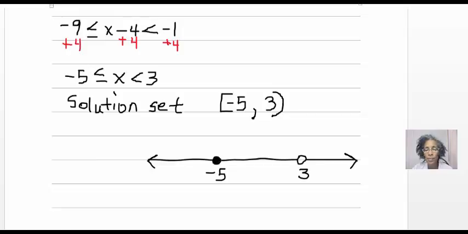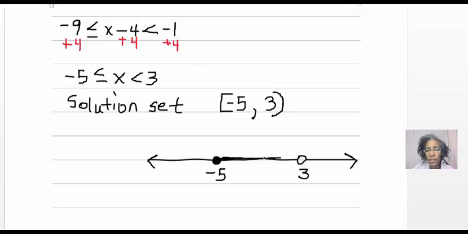These two arrows represent the arrows of the number line. So my -5 is included, my 3 is not included, and everything in between -5 and 3 is included.